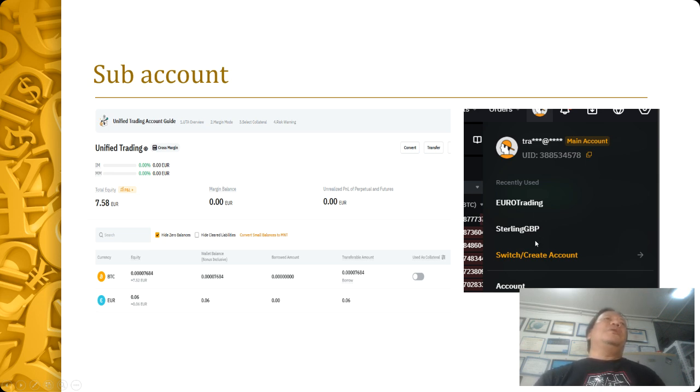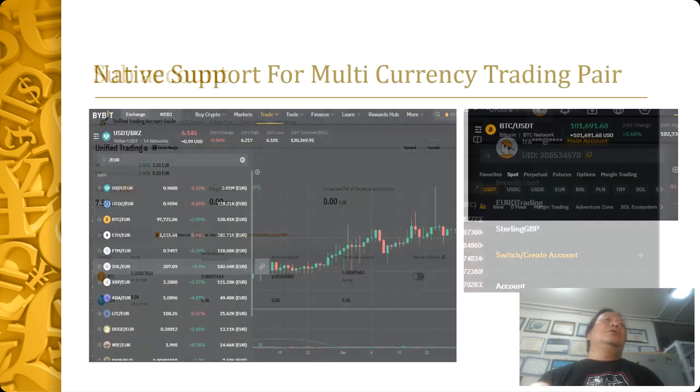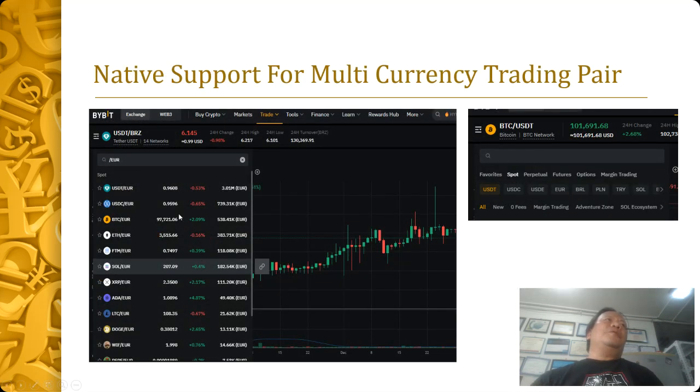And there's native support for multi-currency pair trading. So it's already there. It's native. So you have euro against ETH. But we don't have this for GBP.